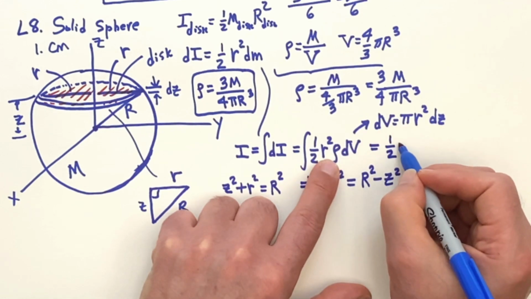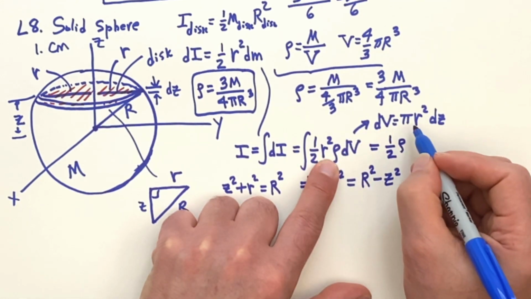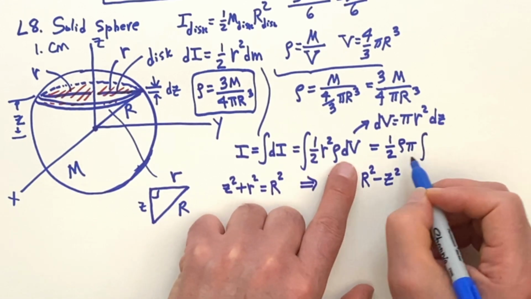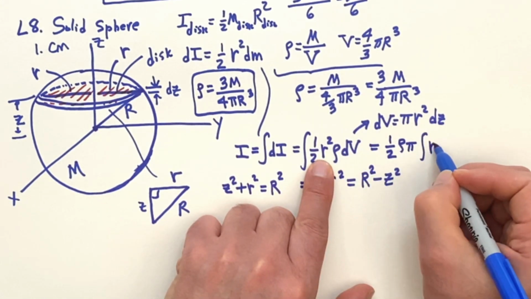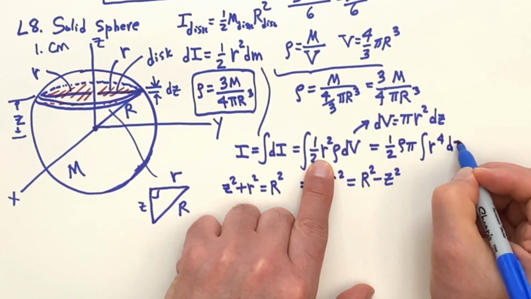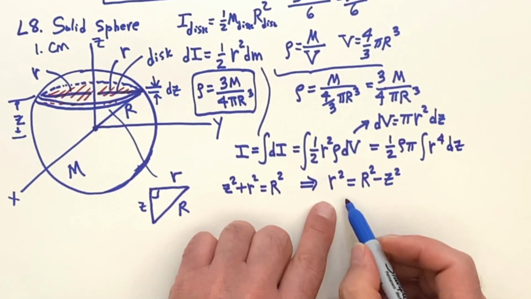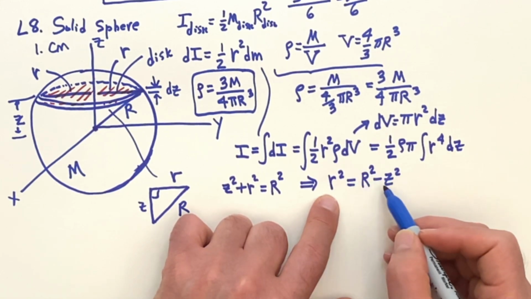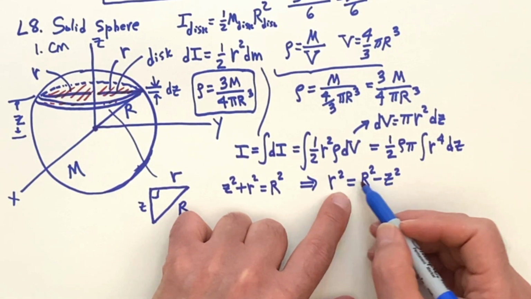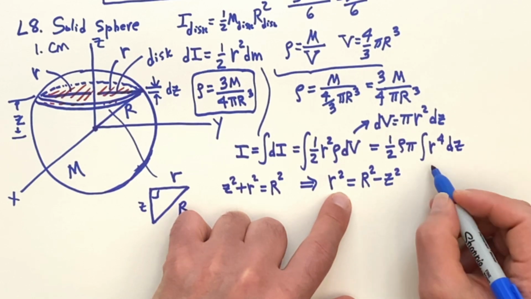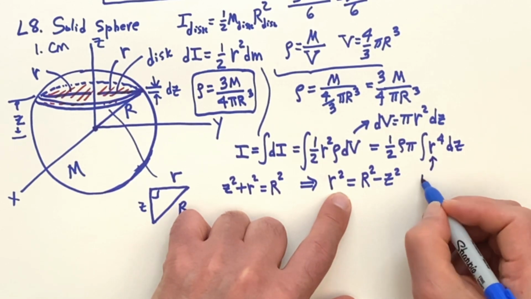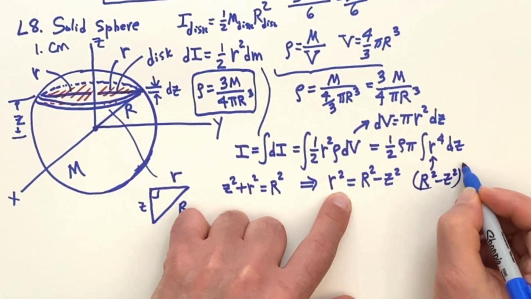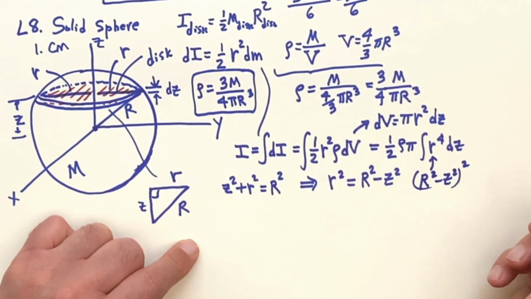Okay, now when we look at this, we have a 1/2. We pull out the rho. We pull out the pi. And what we're going to have here is r squared times r squared, r to the 4th, dz. So I need to put this thing squared to get r to the 4th in for that. So what's going to go in here is R squared minus z squared, whole thing squared.